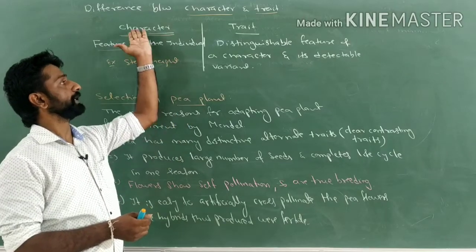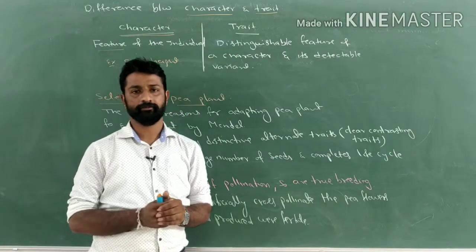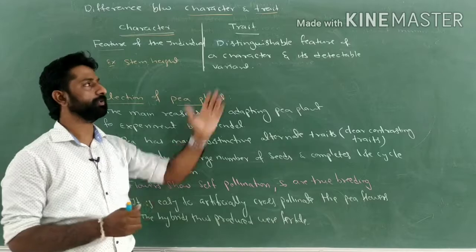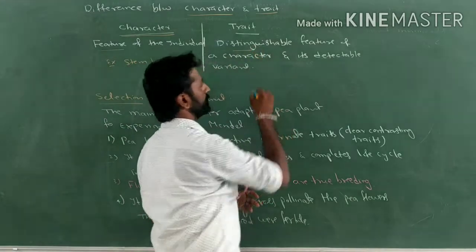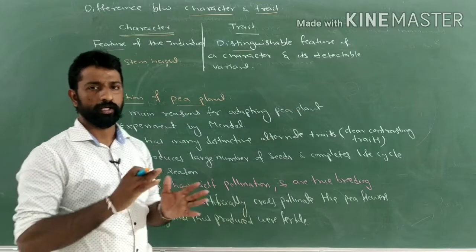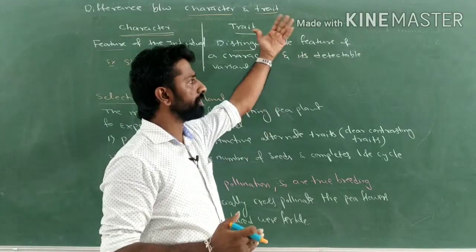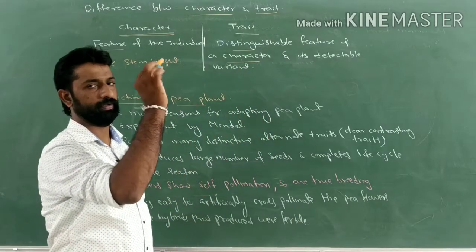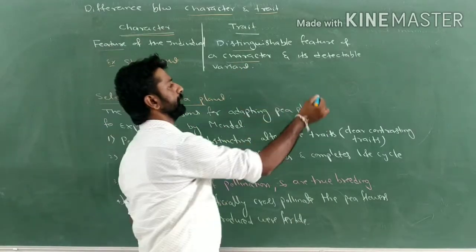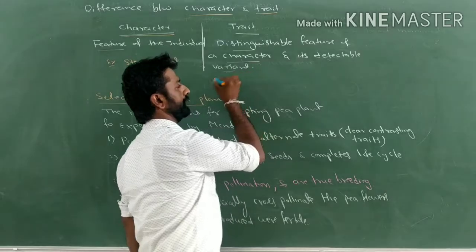With respect to the character, what is a trait then? If you know what a character means, then you can define the trait also. So a trait is nothing but a distinguishable feature of a character and its detectable variant.